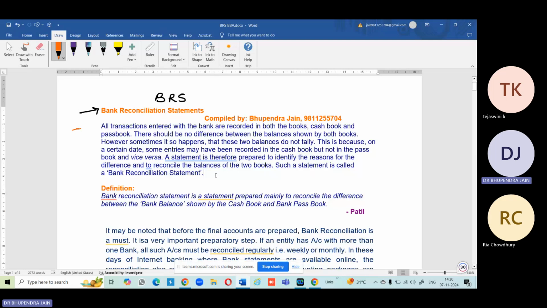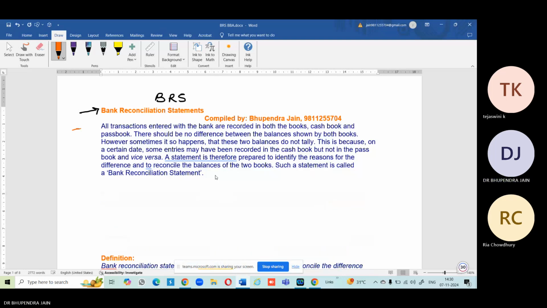Businessmen prepare the cash account and the bank account, or the double column cash book, single column cash book, but every type of cash book may be possible. But there should be no difference between the balance shown in both the books.